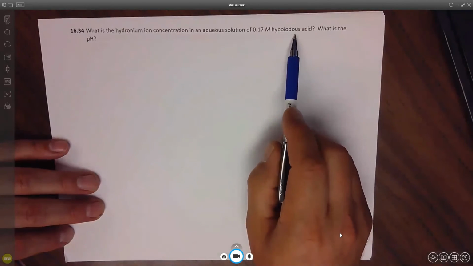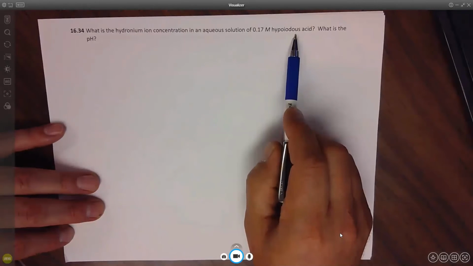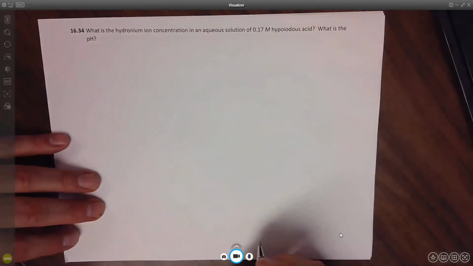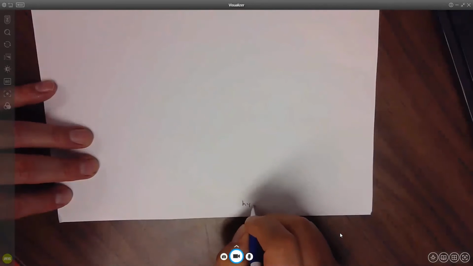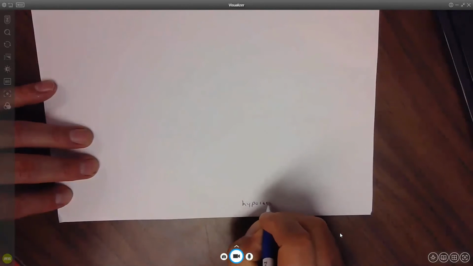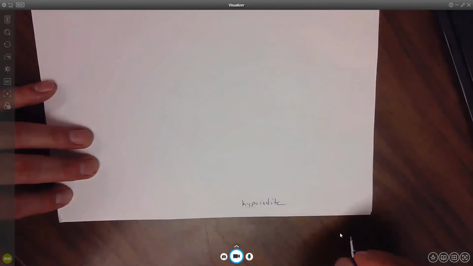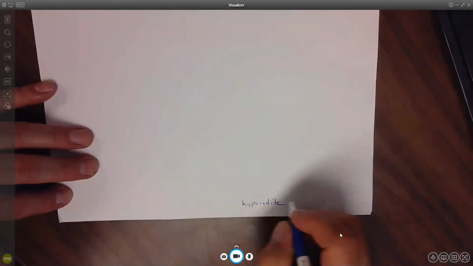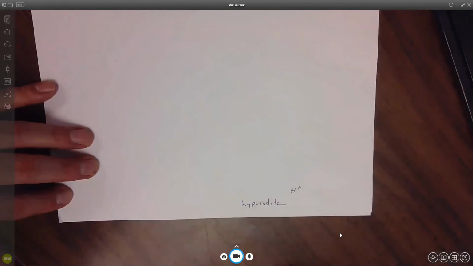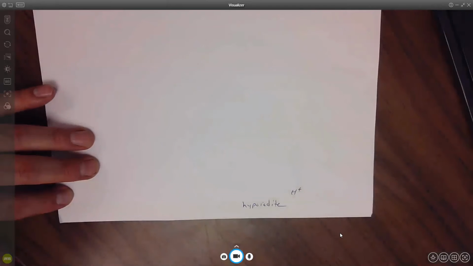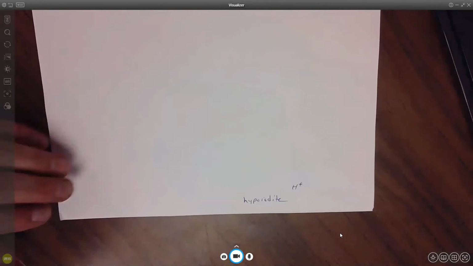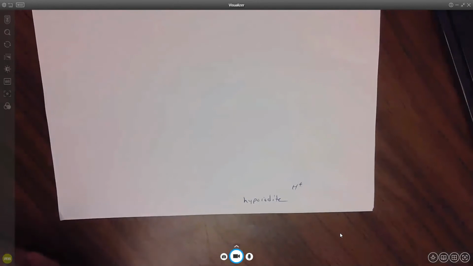Nope, it's ITE when it ends in OUS. So that means this must have been the hypoiodite anion, plus however many H's, of course, to make it neutral, which would be our acid. So what is the formula then for the hypoiodite?